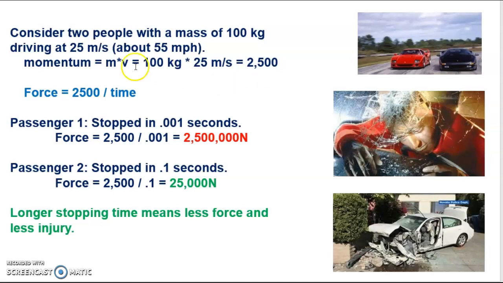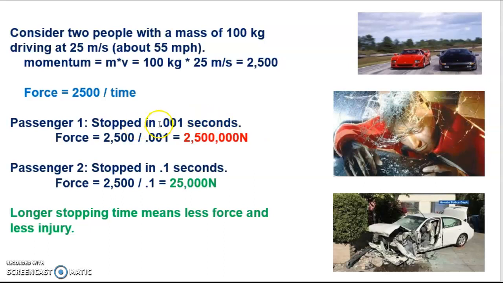Okay. And what we said just a moment ago was that the force that they experience when they crash is going to be the momentum before the crash divided by the time it takes them to stop. And so let's look at two separate crashes here. In the first crash, the passenger isn't wearing a seatbelt. They slam into the windshield and they come to a stop very, very abruptly, very quickly. So just bam, and they stop.